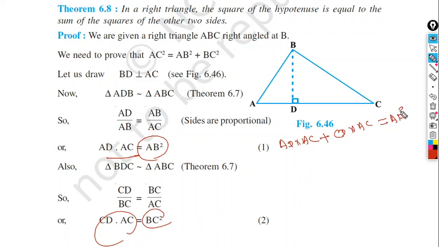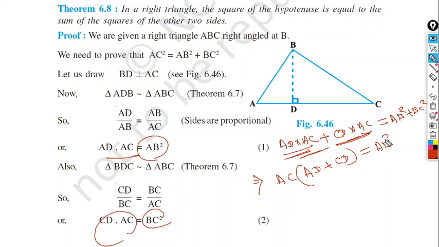Now AD into AC, here CD into AC. Here you can see AC is common in both these terms. So you can take AC as common. Now AC into AD plus CD will be equal to AB square plus BC square.